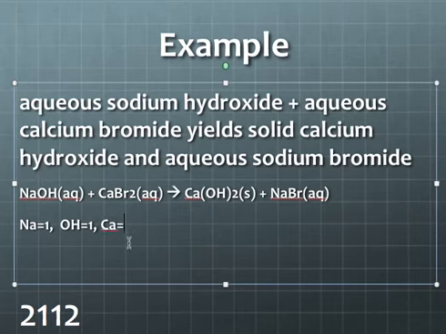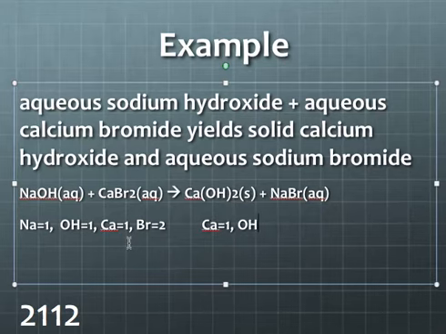I have 1 calcium, and finally 2 bromine or bromide. Okay, now we're going to go to step 3 and we're going to do the exact same thing on the product side. I have 1 calcium, I have 2 hydroxides, so this is different than the reactants. I have 1 sodium, and I have 1 bromide.